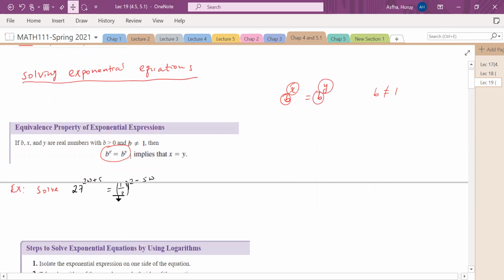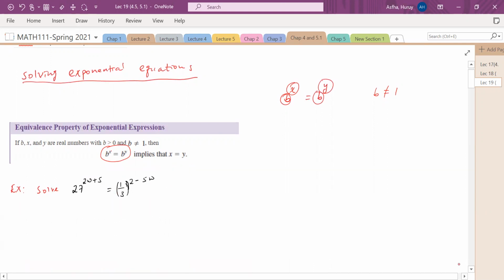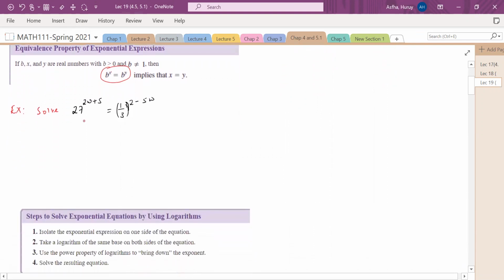To see the usefulness of this, let's have a look at this example. Suppose we are asked to solve this equation. As you can see, it's an exponential equation. We have 27 to the power of 2w plus 5 equals 1/3 to the power of 2 minus 5w, and we want to find the value of w which makes this equation true.